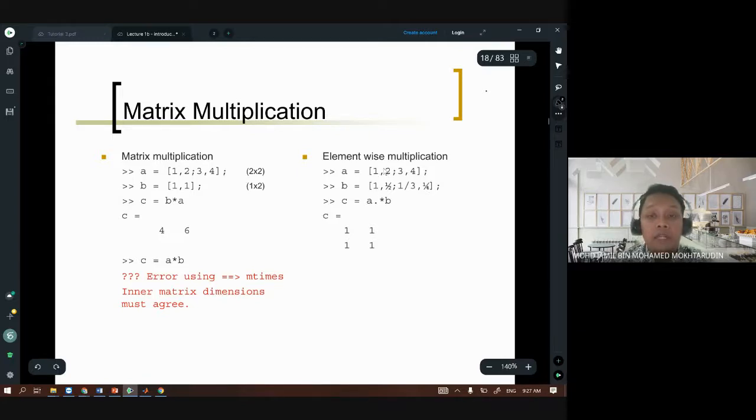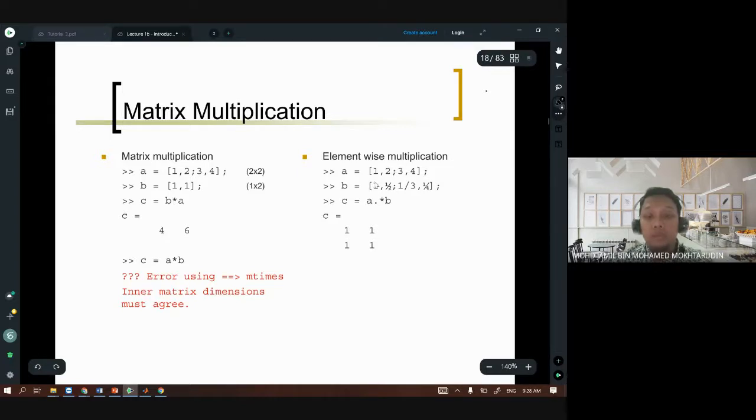Kita tak nak dia darab secara matrix, kita nak dia darab elemen dengan elemen. So to do that, we put a dot. We have another new operation, which is the dot star. Dot represents element-wise multiplication. So kalau tak ada dot, it is just a regular matrix multiplication.